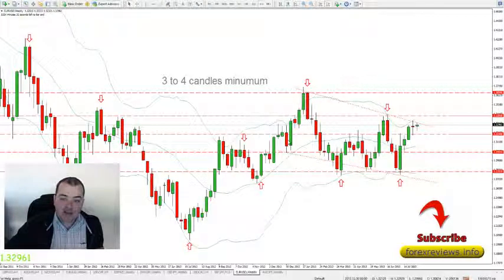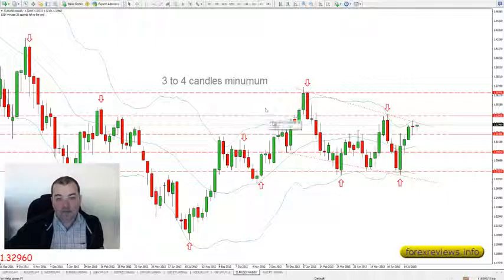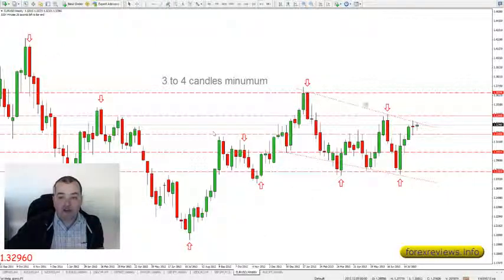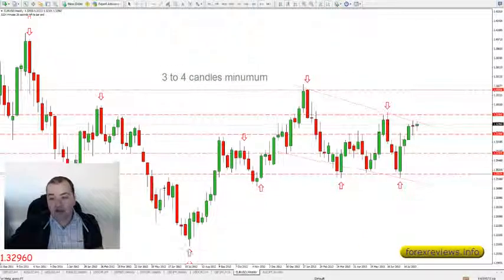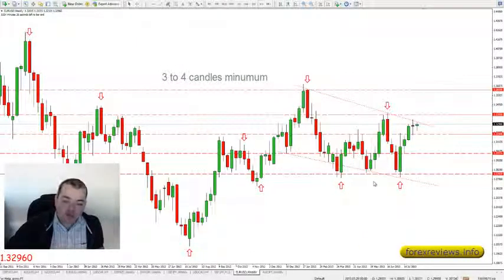So you would have taken this signal, but you wouldn't have taken this one, yeah? Actually, you would have. It wouldn't have made a difference. So basically, in a nutshell, the majority of the time you're going to be right, but sometimes you are going to be wrong. But as you can see, this one still went nearly 80 pips in your favor, and this one went nearly 50 pips in your favor.